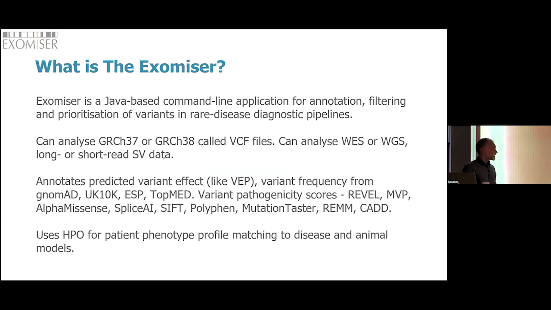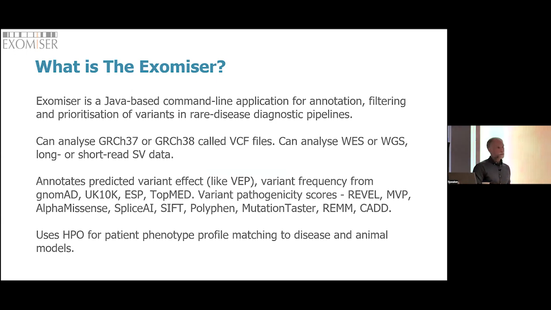We can analyze either whole exome or whole genome sequences, using long read or short read data, and we are also able to co-analyze structural variants and small variants at the same time. So if you've got cases with compound heterozygous alleles, we can detect these. I think we've had a couple of cases in the 100,000 Genomes Project where this has been the case. So for the annotations, it will actually use things like the Variant Effect Predictor.